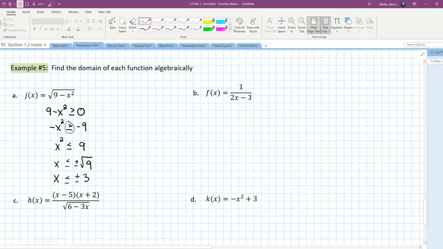Now, this is a little bit weird. And we probably should formalize the math a little bit here. We should include some absolute values here probably. But long story short, I'm going to interpret this the right way, right? So what is this telling me? This is really saying that these x values, they've got to be between 3 and -3. Because if I get bigger than 3, then I'm going to have a negative number.